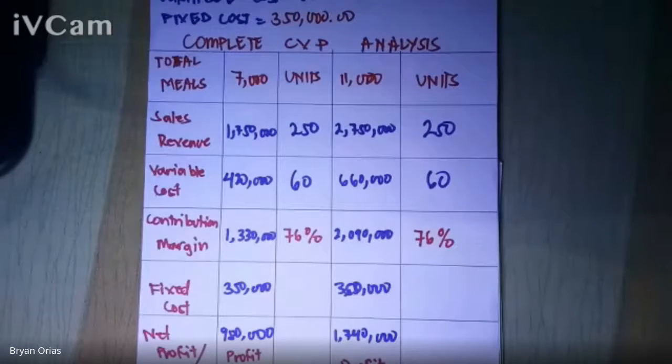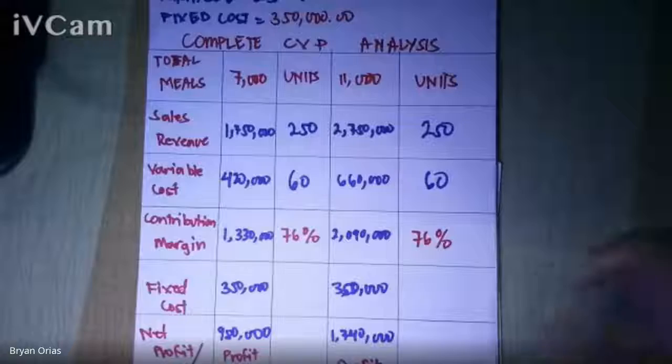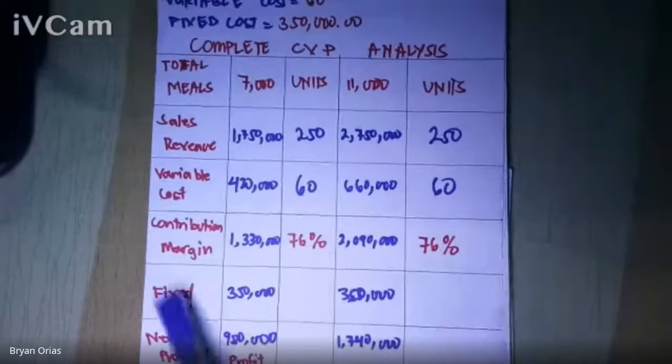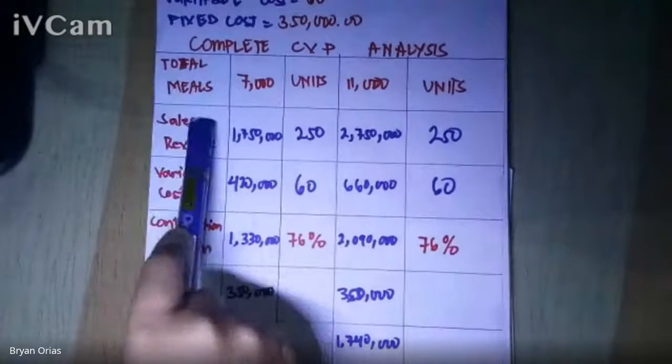Okay? Nagets po ba si CVP Analysis? Sir, yes po. Paano po ulit nakuha yung contribution margin? Si contribution margin, para makuha natin siya, i-minus lang natin si variable cost kay sales revenue.